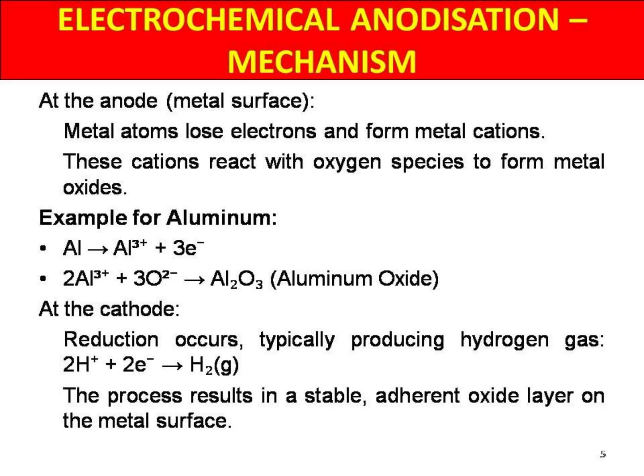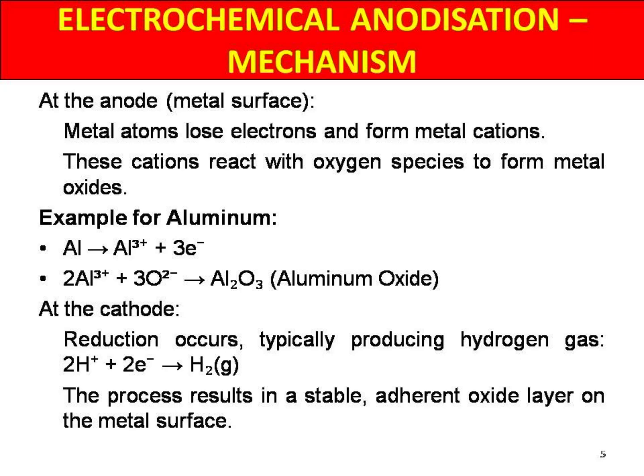Aluminum undergoes oxidation and releases electrons, and it forms Al3+ cations. During the anodization process, the Al3+ cations combine with O2- and form Al2O3. So aluminum oxide is formed.